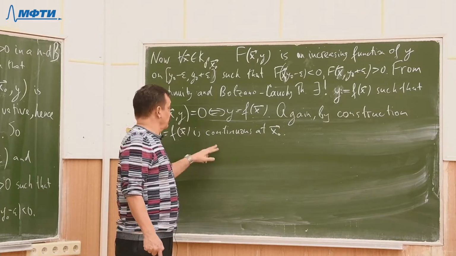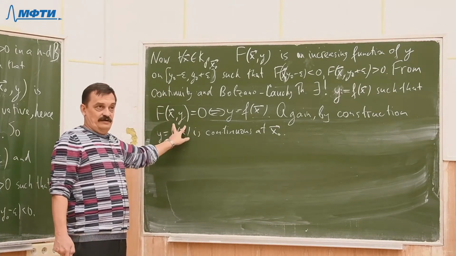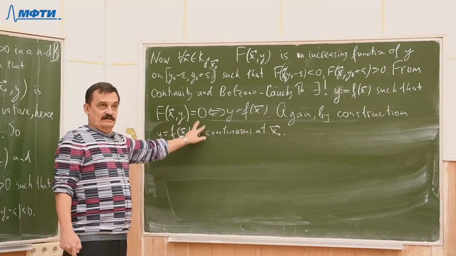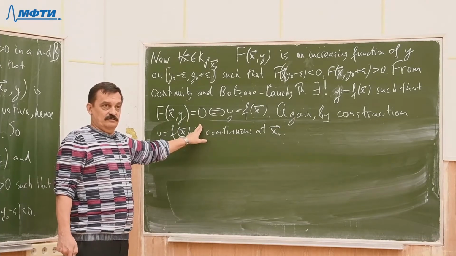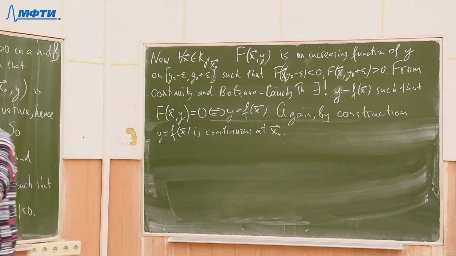So instead of the point x naught, y naught, we can consider an arbitrary point x, y such that f is 0.